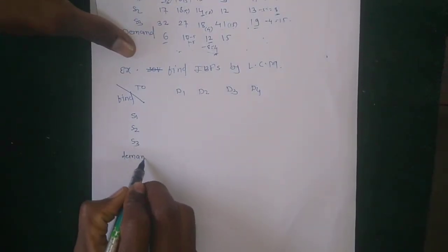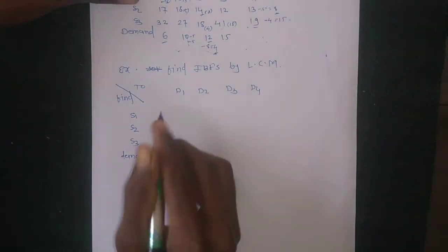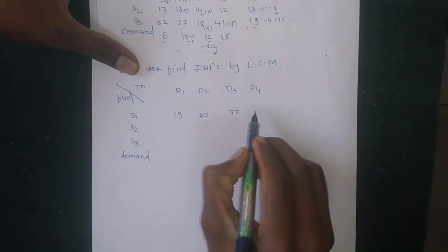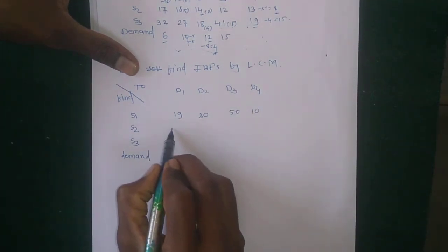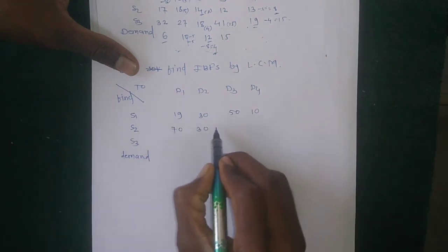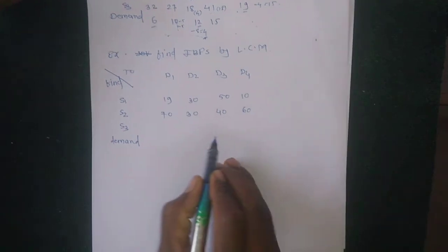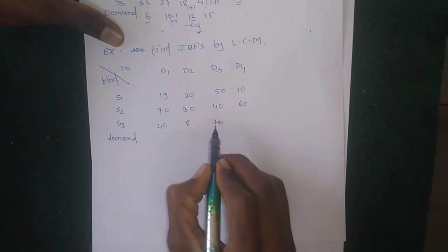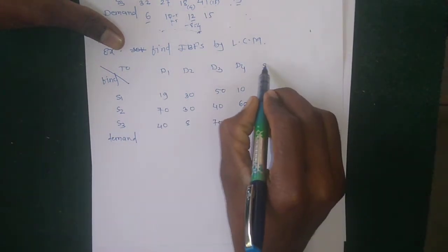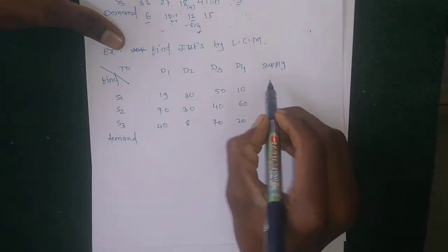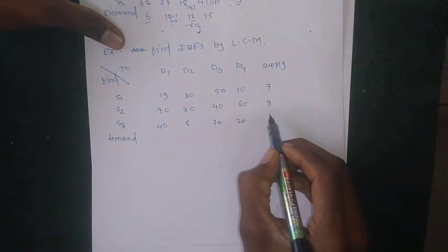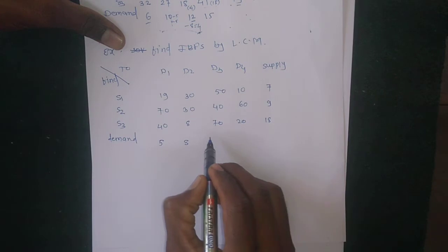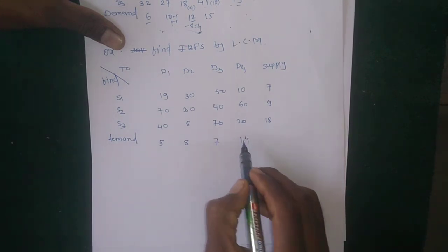Here the values are 19, 30, 50, 10 for S1, then 70, 30, 40 and 60 for S2, then 40, 8, 70 and 20 for S3. The supply is given as 7, 9 and 18, and the demand is given as 5, 8, 7 and 14.